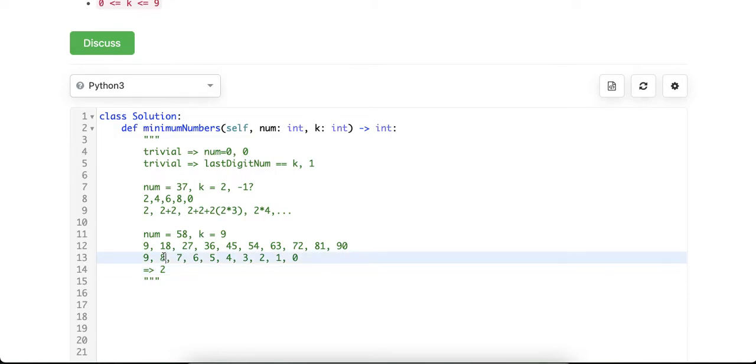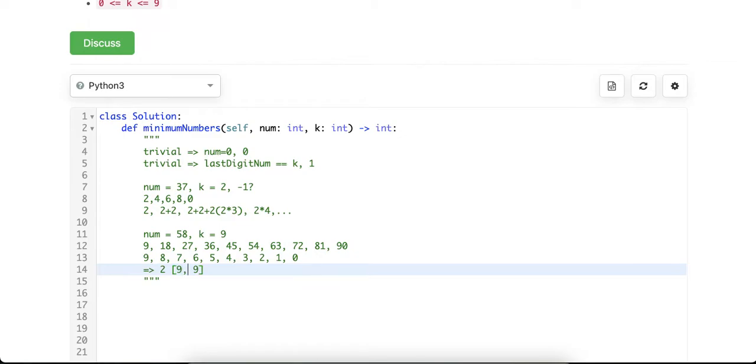Why 2? Because the last digit 8 is built with 9 times 2. It means that we need two 9s. And because we have the freedom to build anything above the 9, it means we already solved it. We only need 2 numbers that always end with the digit 9.